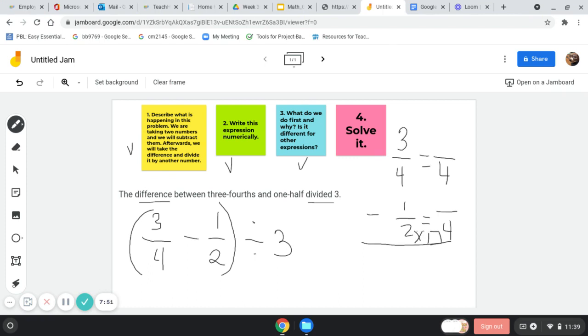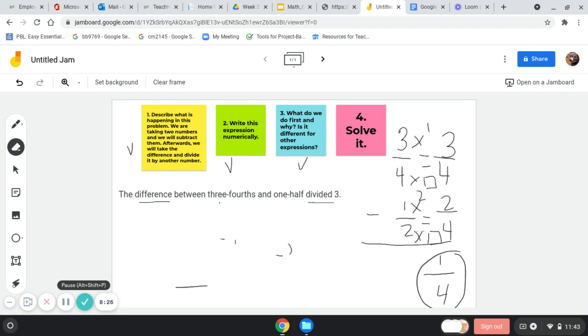We know that 2 times 2 gives us 4, so we'll multiply that. And 4 times what gives us 4? 4 times 1. So 3 take away 2 leaves us with a 4th. We've tackled this component of the problem, but now we need to move on to the division. So we're going to take a 4th and divide it by 3.